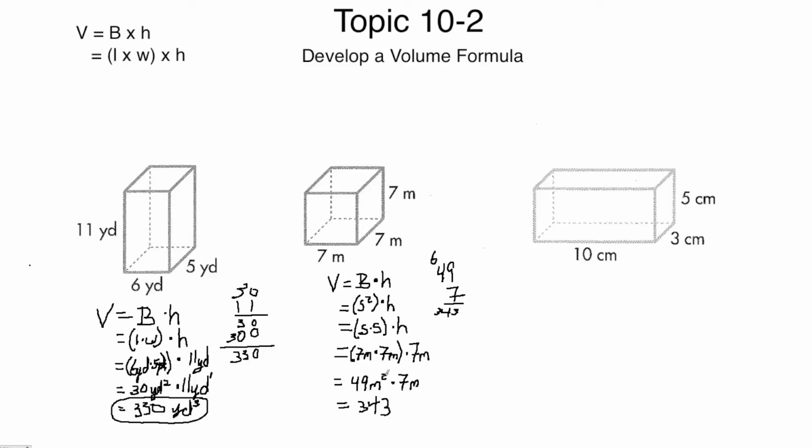What's a meter squared times a meter? We can put a 1 there. 2 plus 1 is 3. So that's a meter cubed, or cubic meters. Circle your answer. So it takes 343 blocks to fill this up.